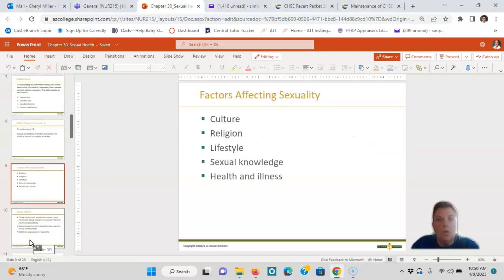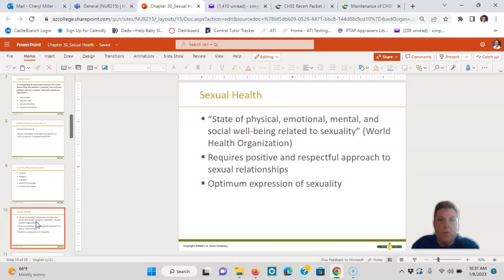Okay. So factors that could affect sexuality would be culture, religion, lifestyle, sexual knowledge, and life and illness, health and illness. So in sexual health, it's a state of physical, emotional, mental, and social well-being related to sexuality.